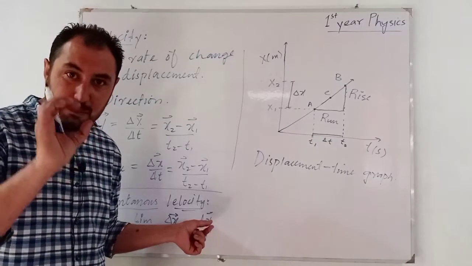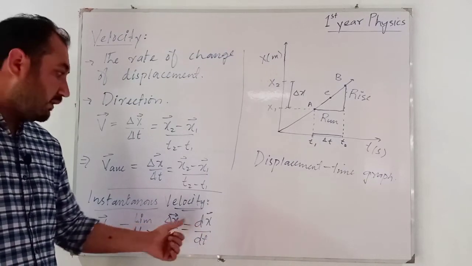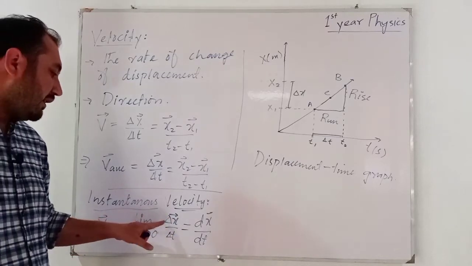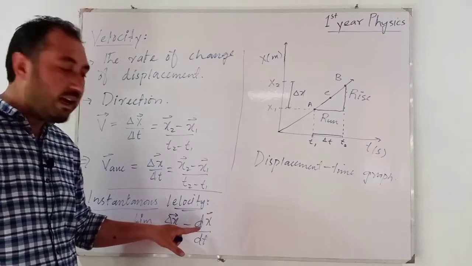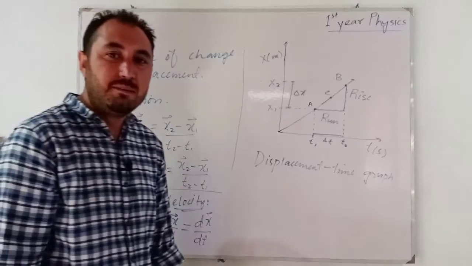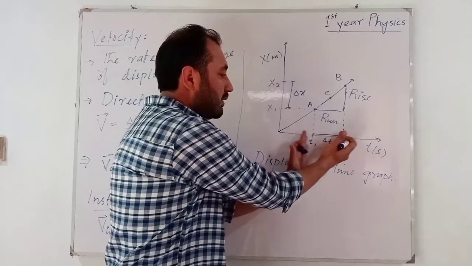So for micro level change we can use the differential notation, and whenever you have this limit you can simply replace the delta operator with the differential operator, right? That's how we find the velocity at any particular instant, because we shrink these two time limits.